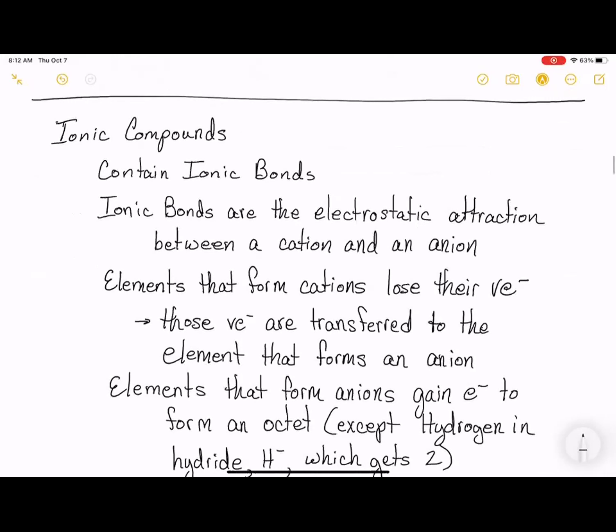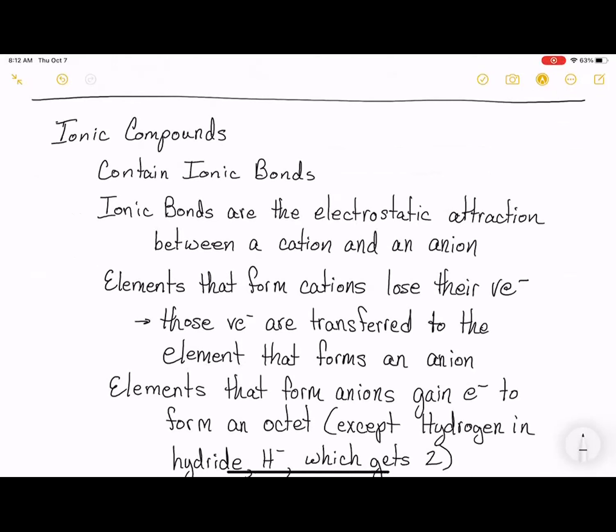Let's move on to ionic bonds. Ionic compounds contain ionic bonds. And as I've said, I believe on multiple occasions, ionic bonds are simply an electrostatic attraction, basically a magnetic attraction between a positive cation and a negative anion. When those 2 ions come in close proximity, they're going to be attracted to one another.